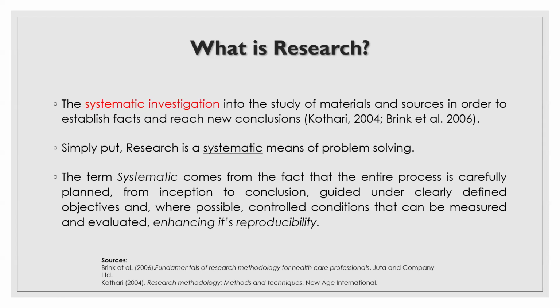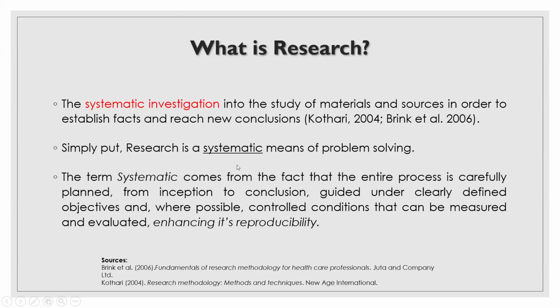For example, you do not say, oh, I am happy with using 200 persons for my research. I'm happy with using 150 persons for my research. I'm happy with using 300 persons for my research. There's nothing like that.